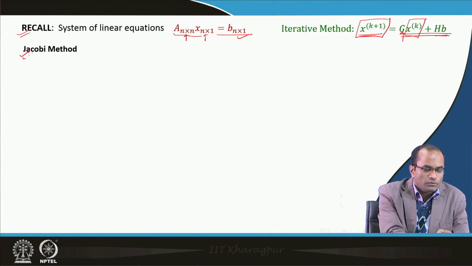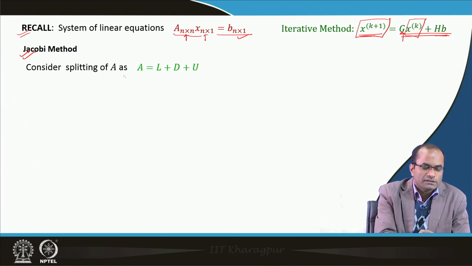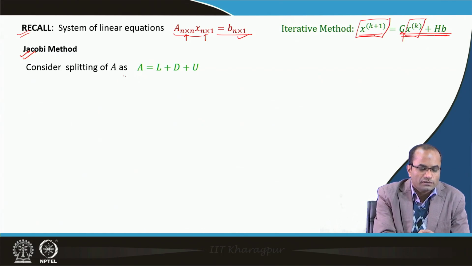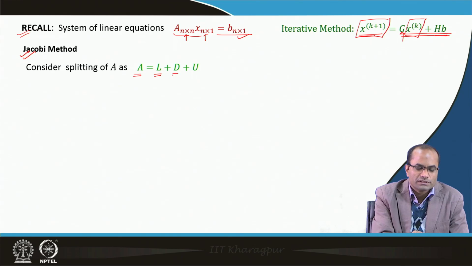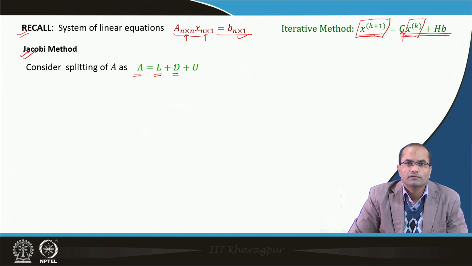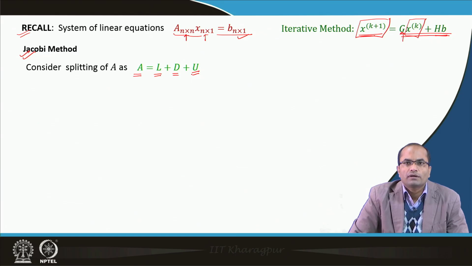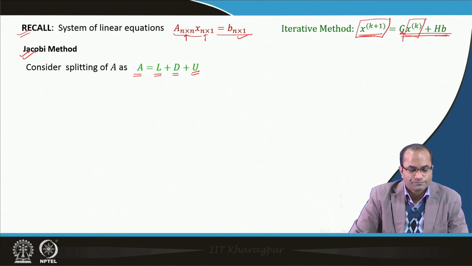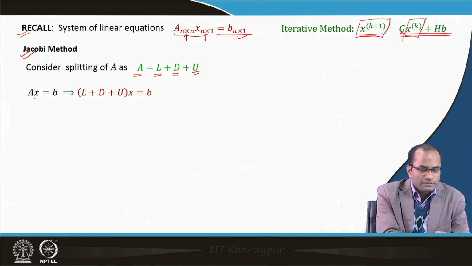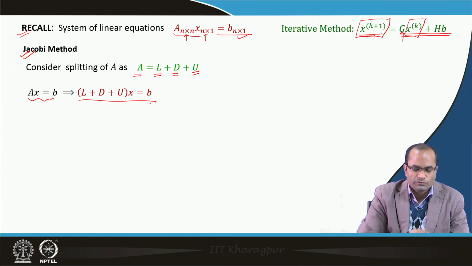So, coming to the Jacobi method, we consider the following splitting: we write A as L, the lower triangular matrix, plus D, the diagonal matrix having the diagonal entries of the coefficient matrix A, plus U, the upper part of the coefficient matrix. In that case, Ax = b can be written as (L + D + U)x = b.